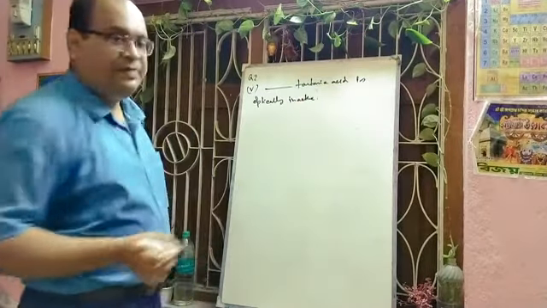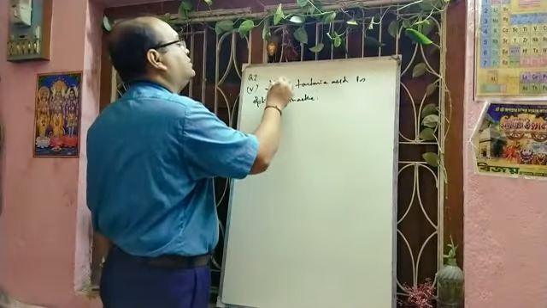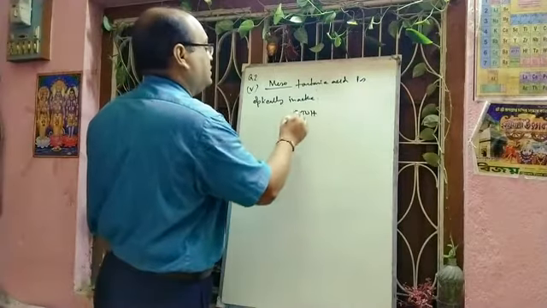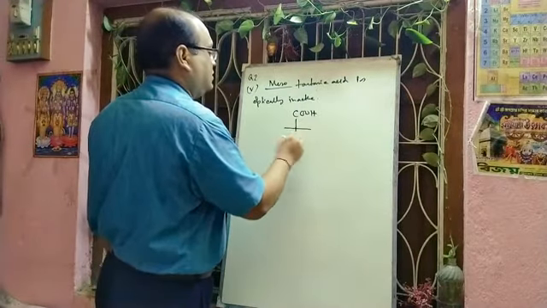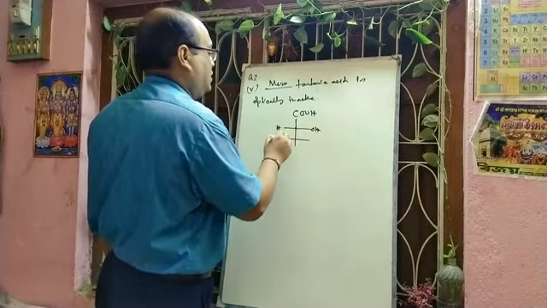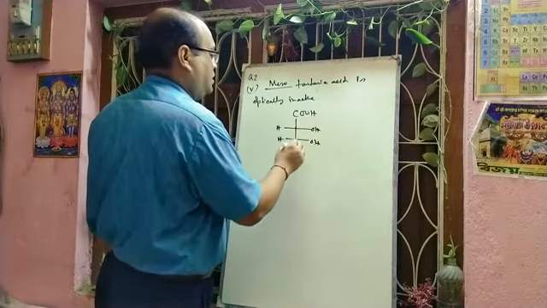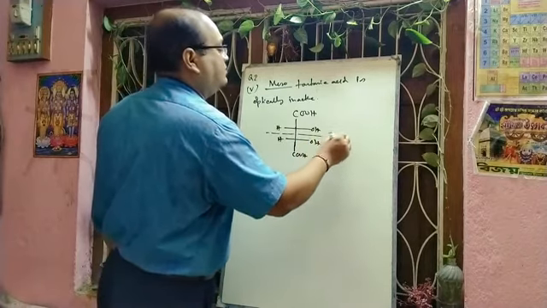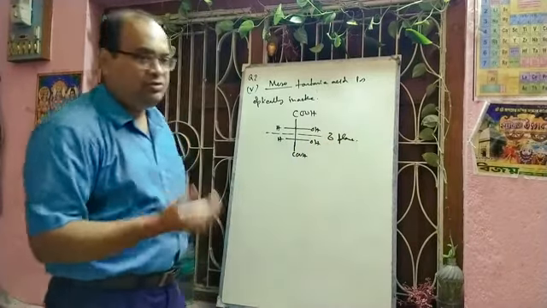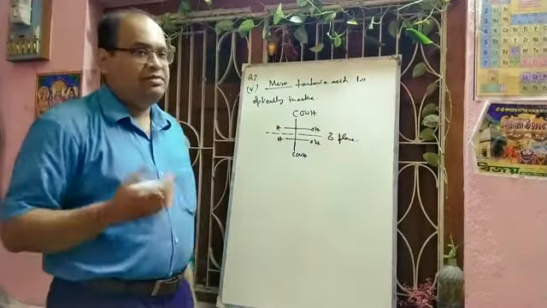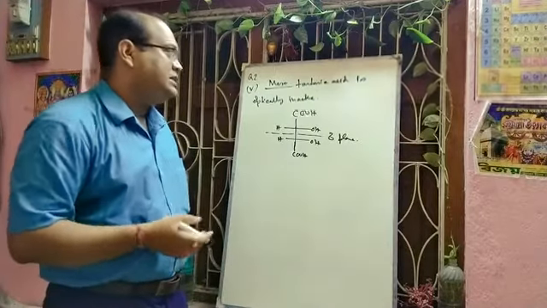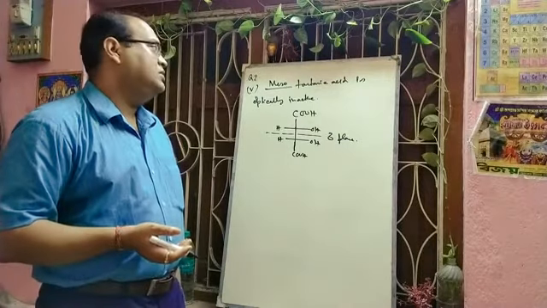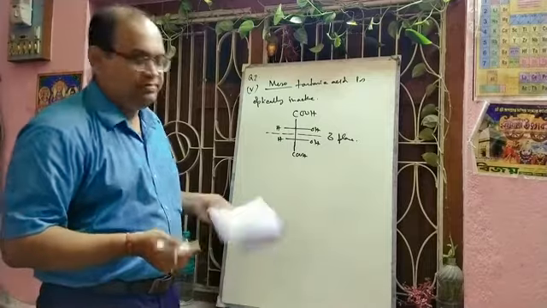Definitely it will be the mesotartaric acid, because if you draw the structure of mesotartaric acid like this, it contains a sigma plane of symmetry that divides the molecule into 2 equal halves. One half is the mirror image of the other. Because of this sigma symmetry, it is achiral. That is why it is not optically active. So mesotartaric acid is optically inactive.